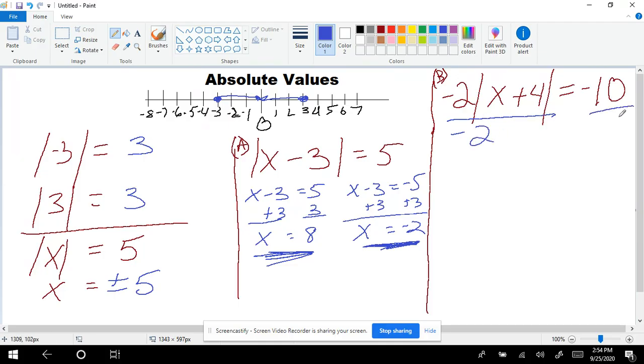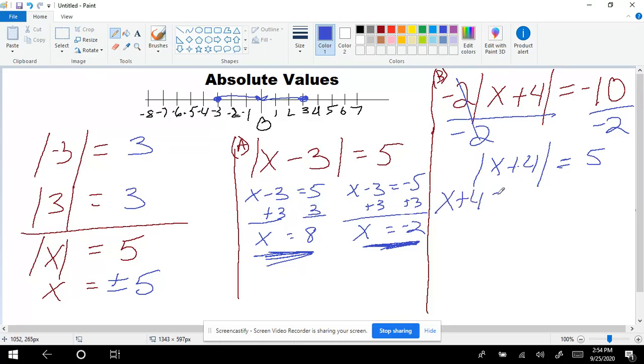That cancels the -2, and we're left with the absolute value of x plus 4 is equal to +5.